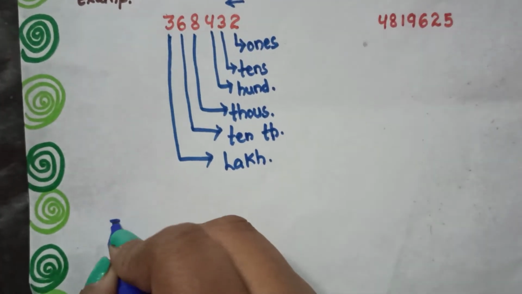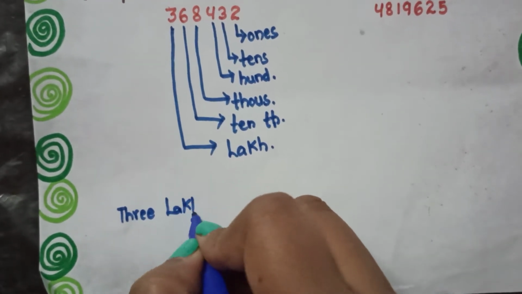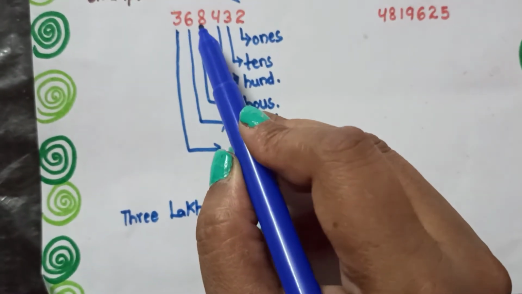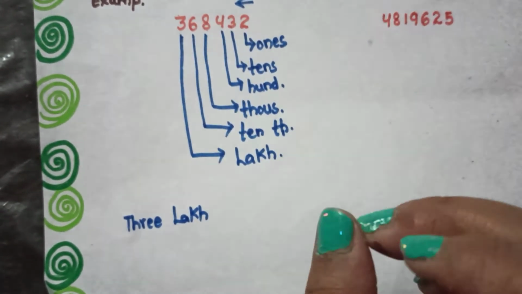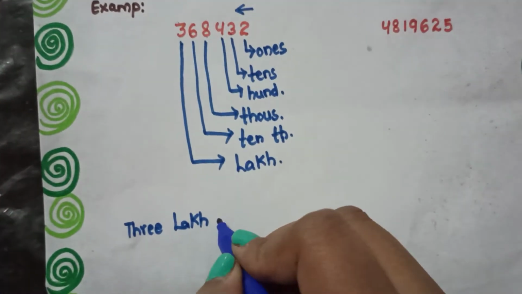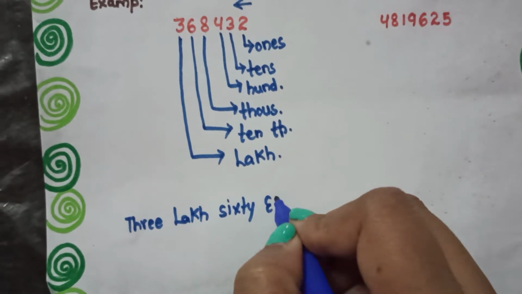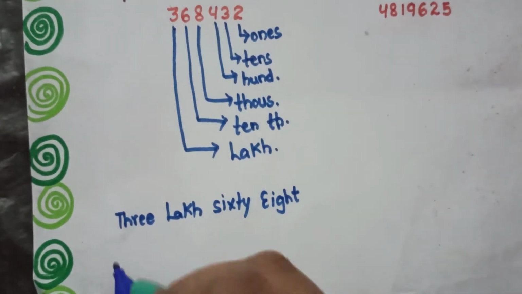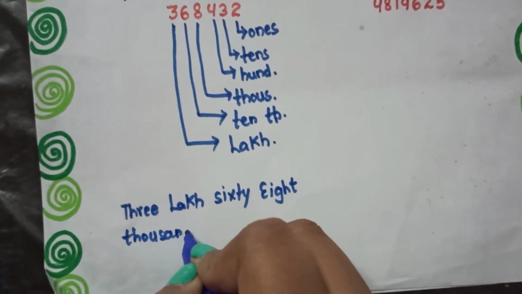3 lakh. Then these two numbers we will write down as it is. We will write them in a group and it will become 68,000. This is how we will write it down.